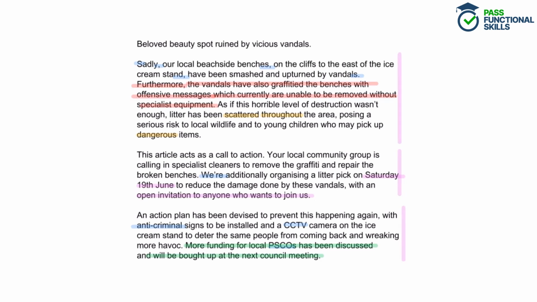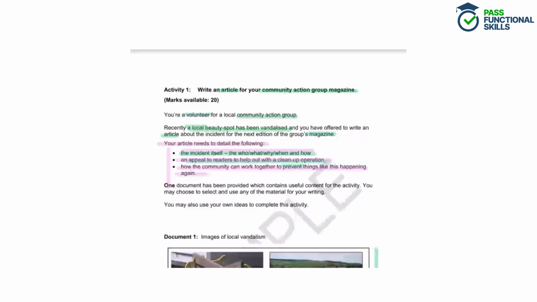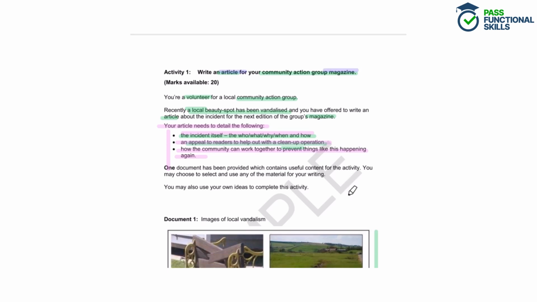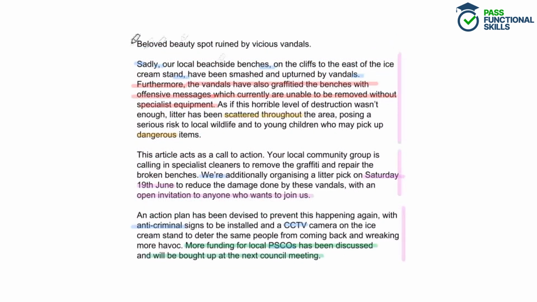Next, let's consider formatting and organisation. So in the question, you will be given a text type, and the text type that we've been given is an article, specifically a magazine article. Now, when you're writing an article, you need to make sure that you are including a heading. That's very important.